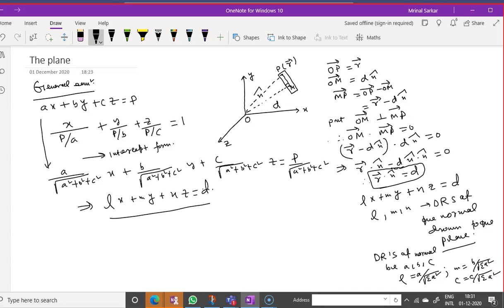So the general equation and the normal equation, plane in normal form, are interchangeable. From one form to another form we can easily express.